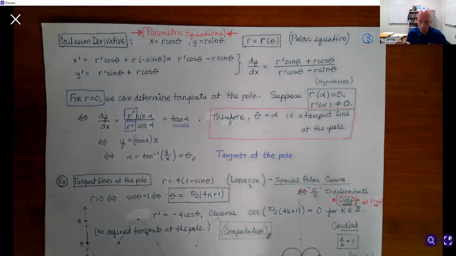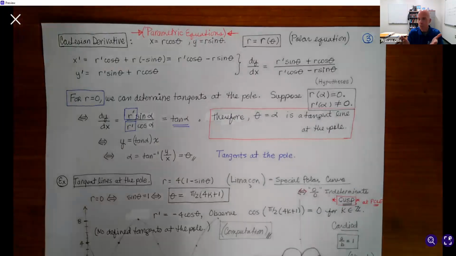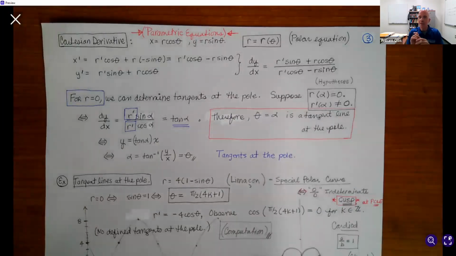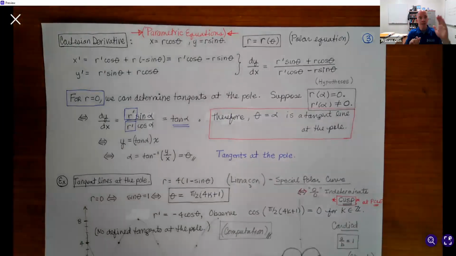Now, one thing that we have is with parametric representations, which is basically what we have. When you think of it, x equals r cosine theta, y equals r sine theta.